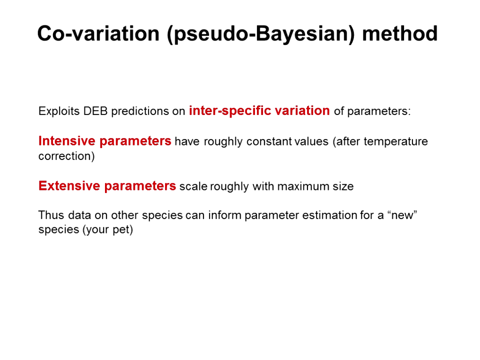And what that means is that if we have obtained parameter values for a bunch of species, and let me stick with my example, a set of mammals, because I'll show data from mammals in just a minute. If I've collected these, and you come along with data for a new mammal for which nobody has estimated the DEB parameters, we can have a first cut at this by simply imagining that the new mammal is a scaled-up version of the average of all the other mammals we've seen. And this gives us a starting point.